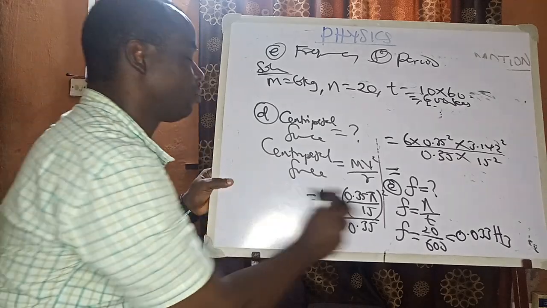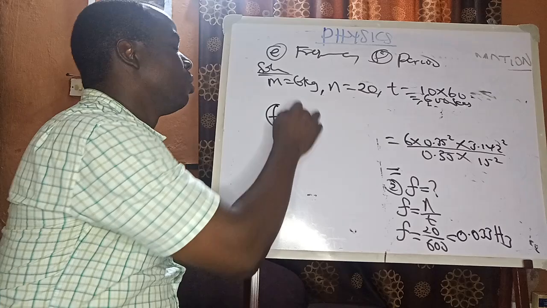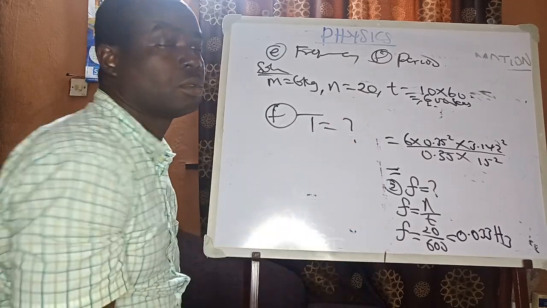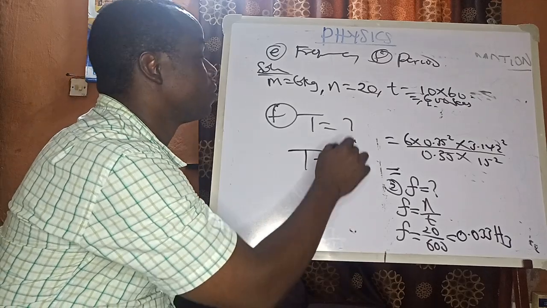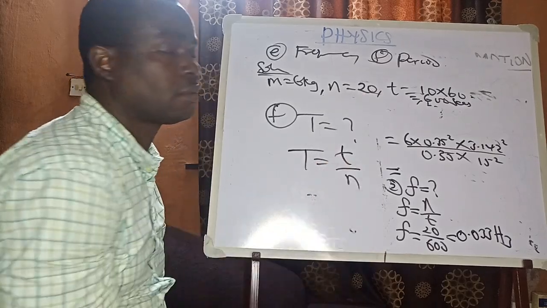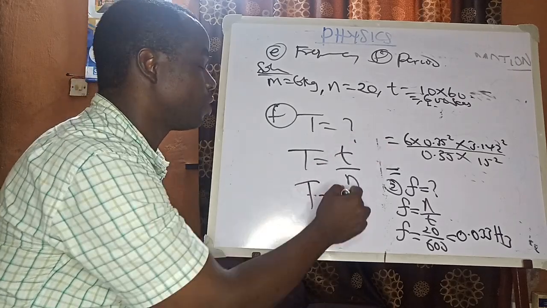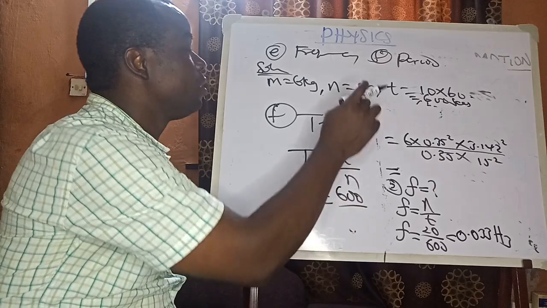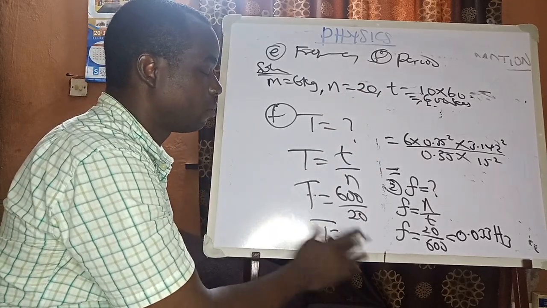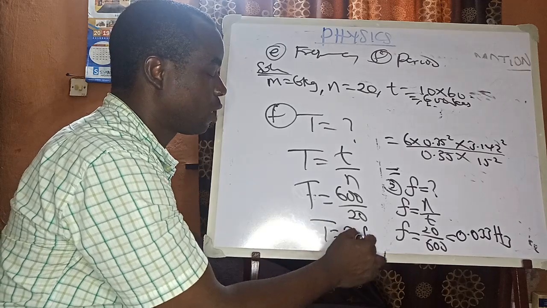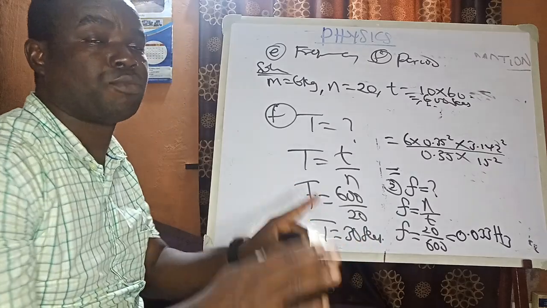Then finally, period. What's the formula for period? Period is capital T. Check your table. So T will be, use T over N. So now small t is 600, N is 20. 600 over 20 is 30 seconds.